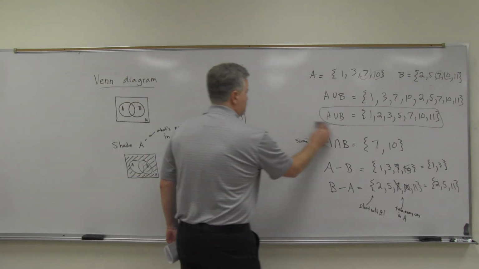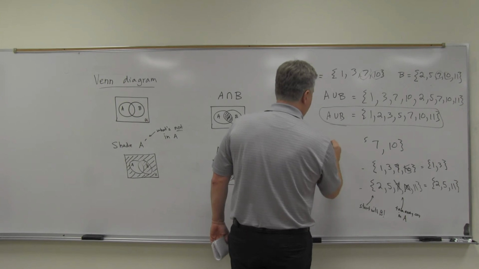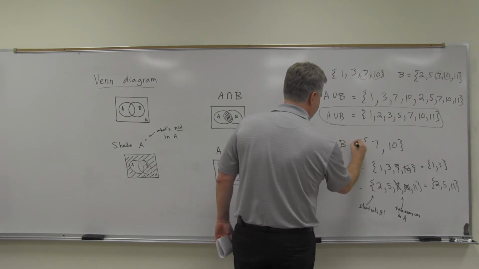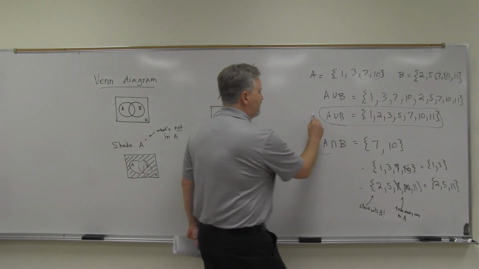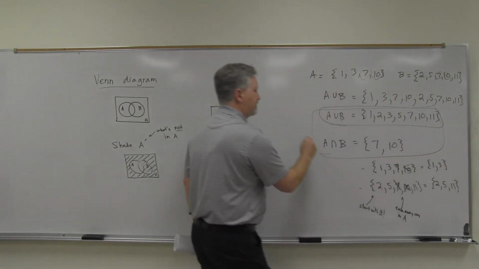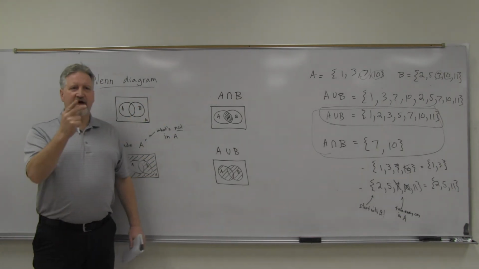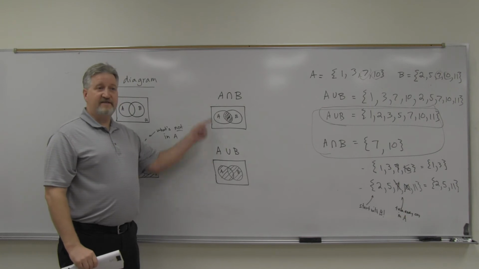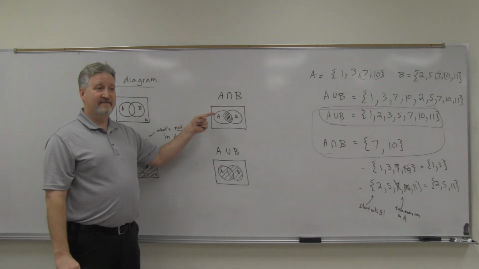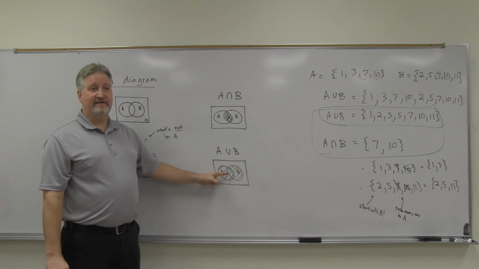And then, oh yeah, before I erase this. Looking at these two right here, and then thinking about this, do you see that the union, one of the parts is the intersection, right? Yeah, the union has the intersection in it.